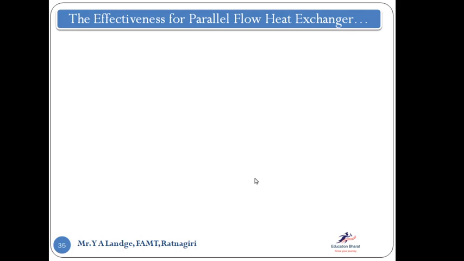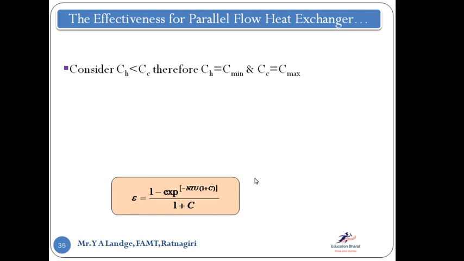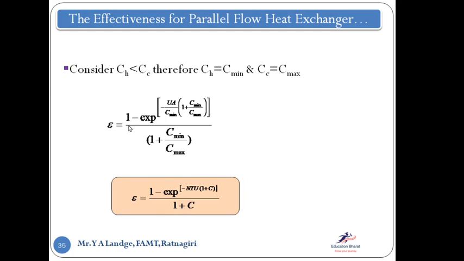We write this equation as epsilon equals 1 minus exponential of in bracket minus UA by C minimum, 1 plus C minimum by C maximum, upon 1 plus C minimum by C maximum. Now what is C minimum by C maximum? It is the capacity ratio.